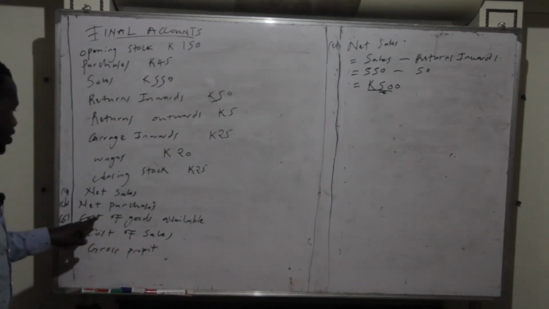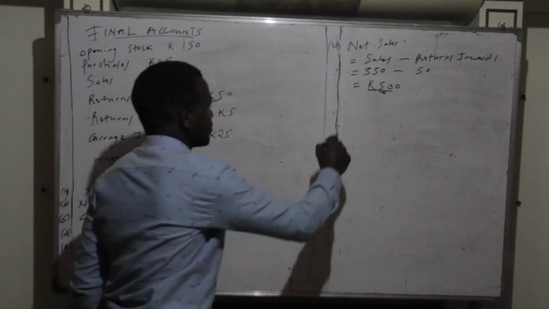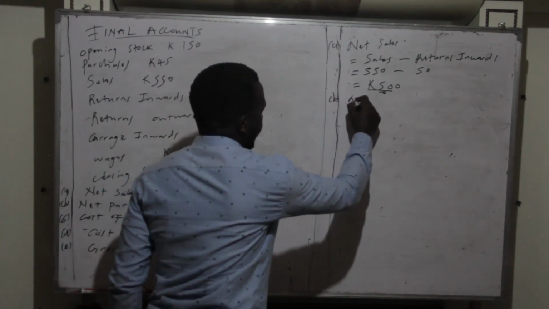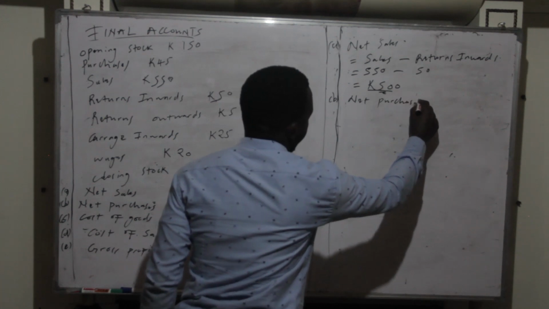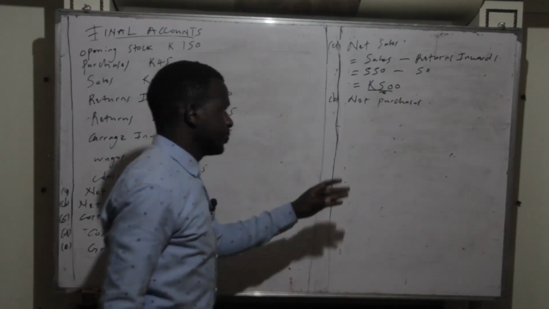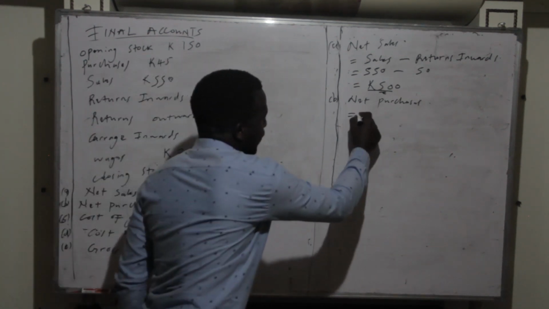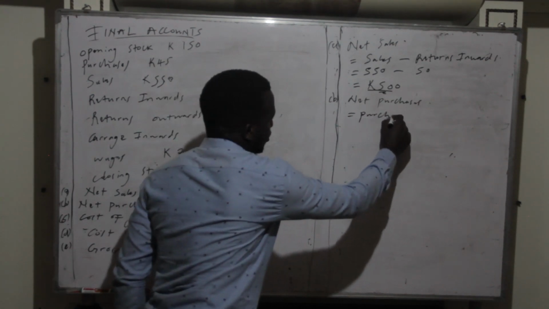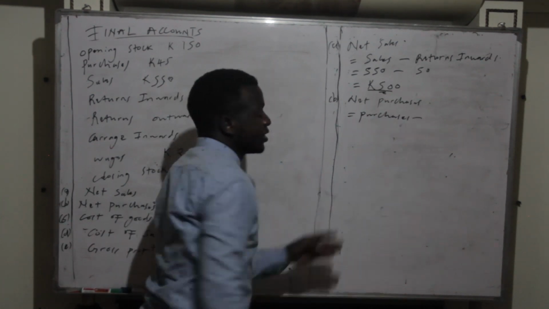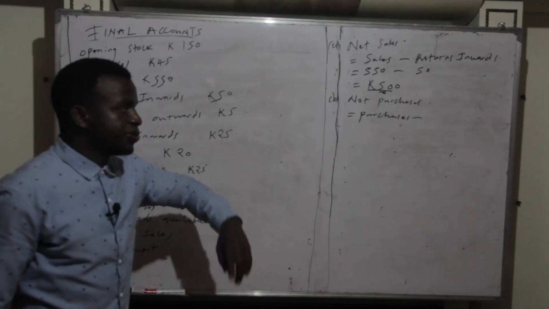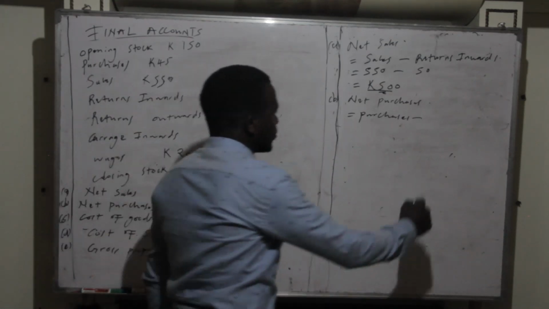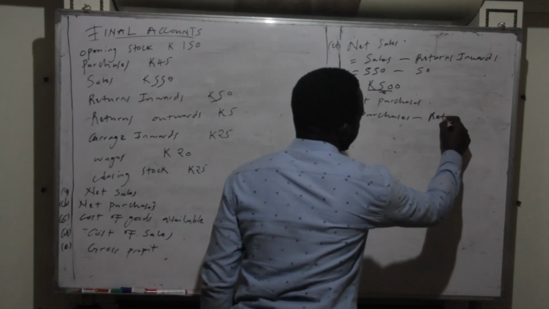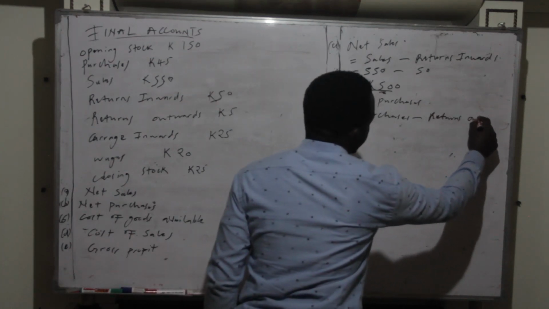So let us find our net purchases. Net purchases, we know that we use the formula purchases minus purchases returns, and purchases returns can also be referred to as returns outwards.